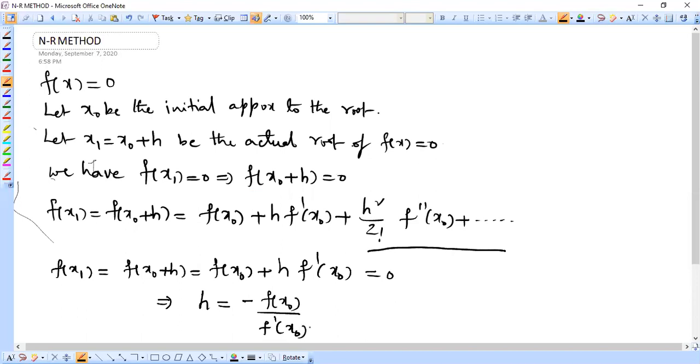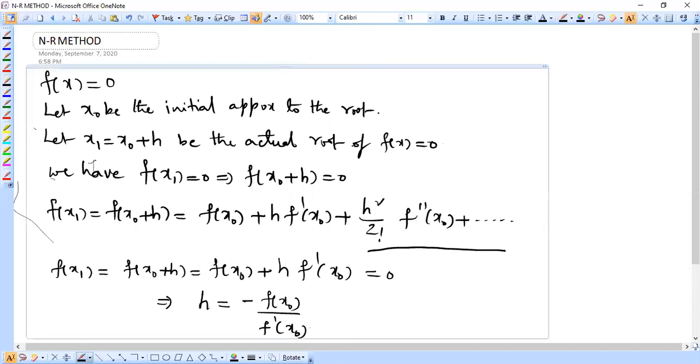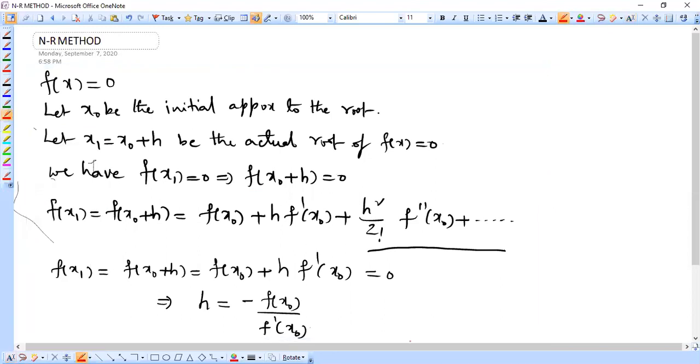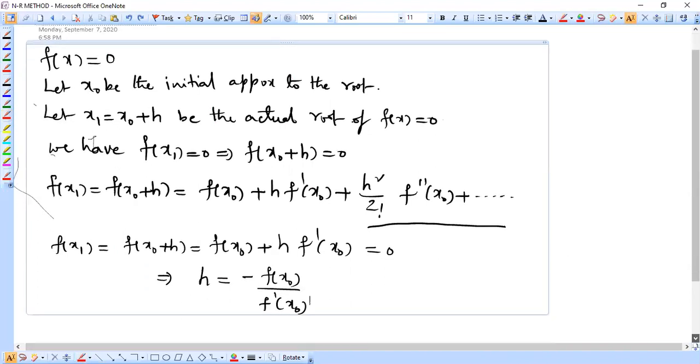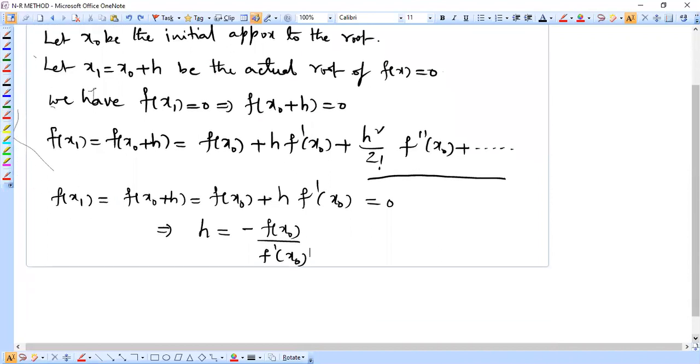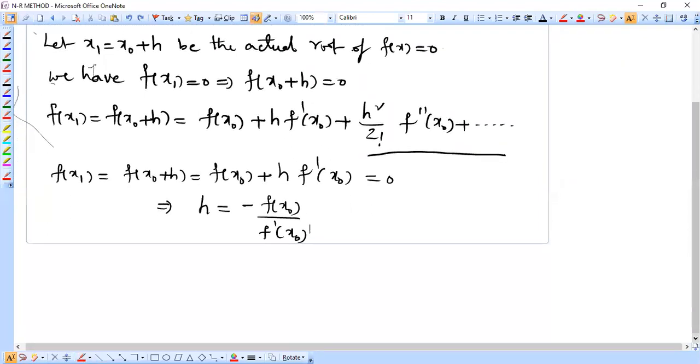Now what I will do is I'll bring this h value into my relation, which is x1 is equal to x naught plus h, with h equal to minus f of x naught by f dash of x naught, and this gives my first approximation to the root.